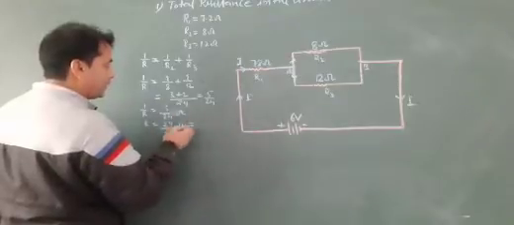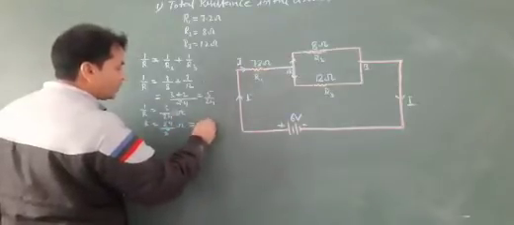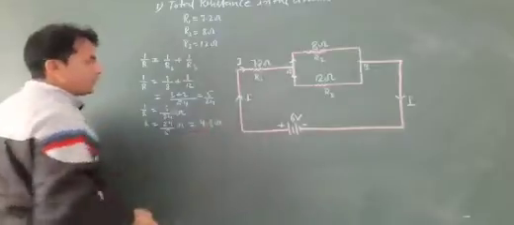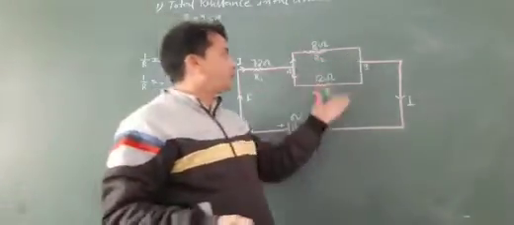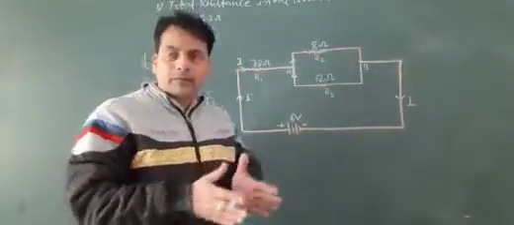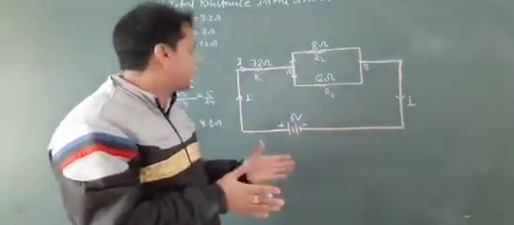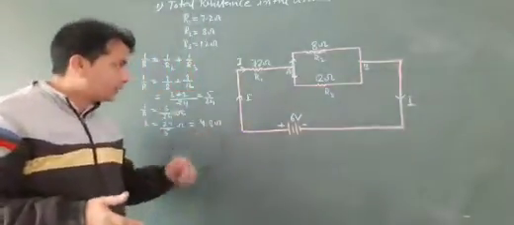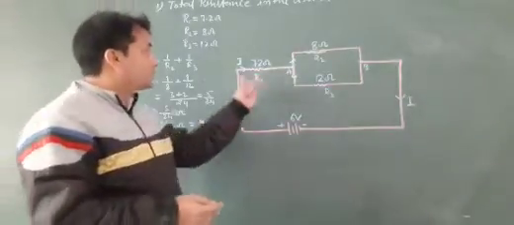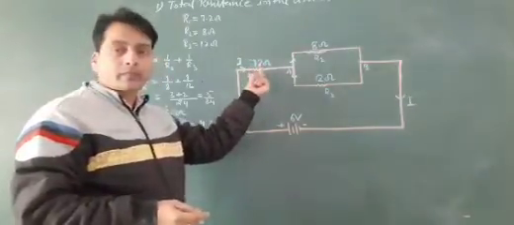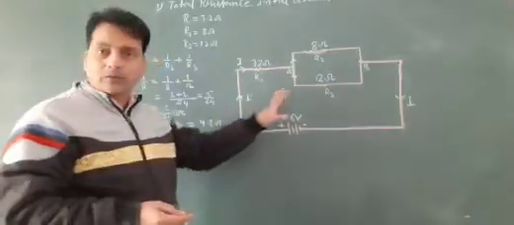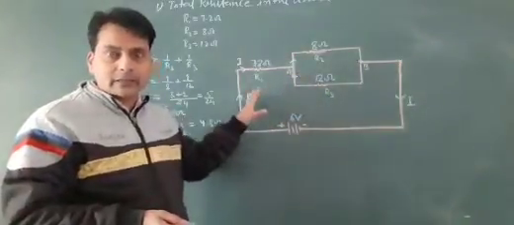So we can write here 4.8 ohm. So 8 ohm and 12 ohm are combined into a single resistance, and the value of the single resistance is equal to 4.8 ohm, and 7.2 and 4.8 ohm are connected in series combination.